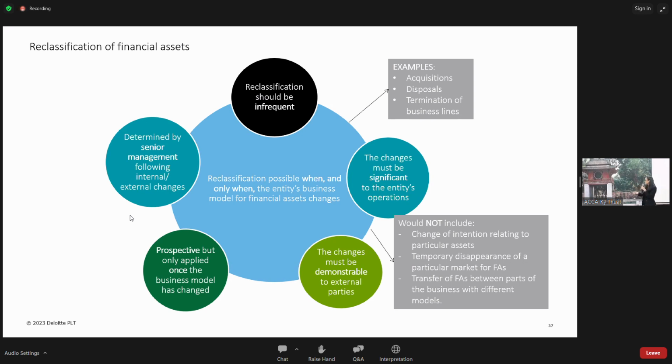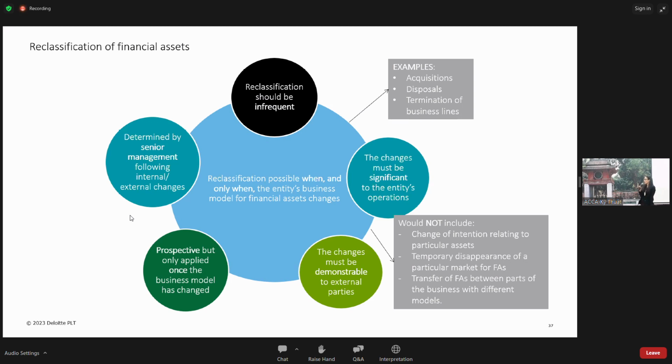Thirdly, the changes must be demonstrable to external parties. So it cannot be something that only we know internally, right? The expectation is that an external party will be able to see a difference, or if you have made any declaration that a business model has changed, for example, then that must be demonstrable to external parties. And technically, it's not necessarily referring to just readers of financial statements, it's stakeholders, right?